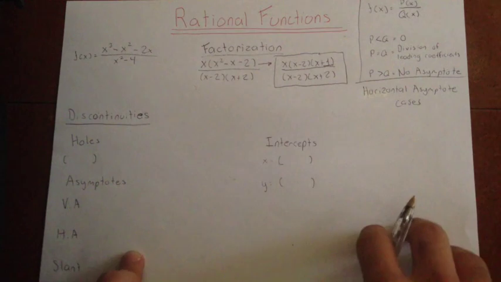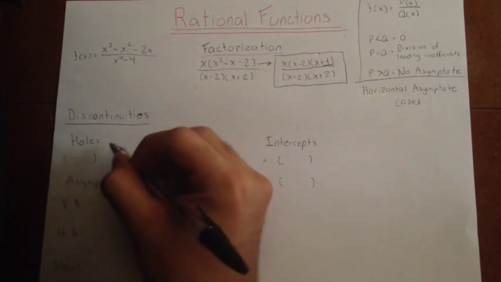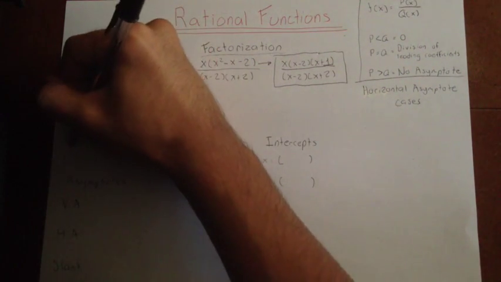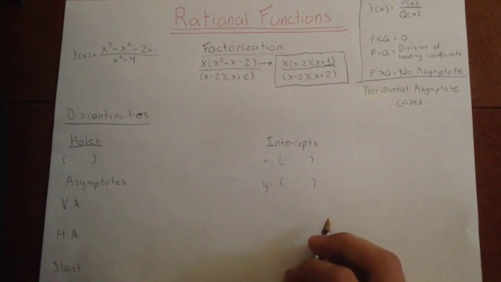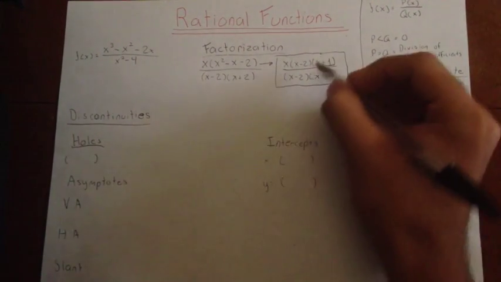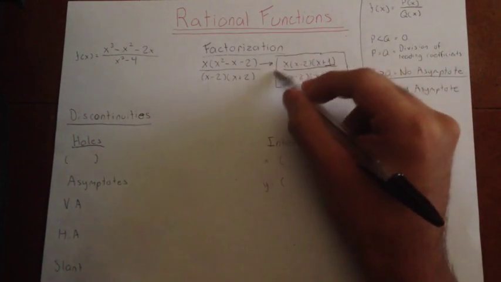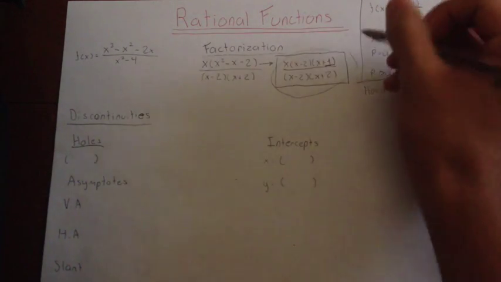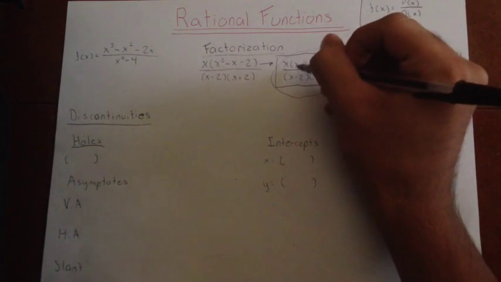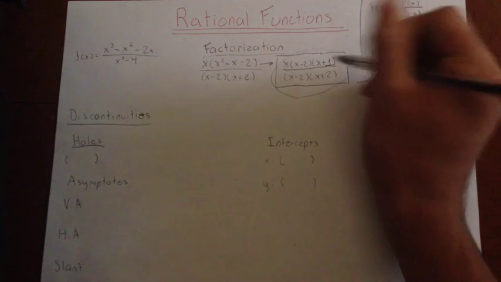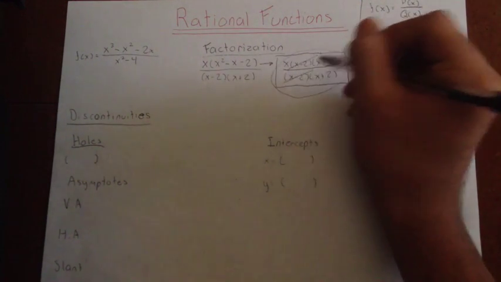At this point, we have our factorizing part completed. What we then need to do is to start finding the holes in the graph. Now, holes can be defined as points of discontinuities in the function, and we can get them by simplifying the equation.